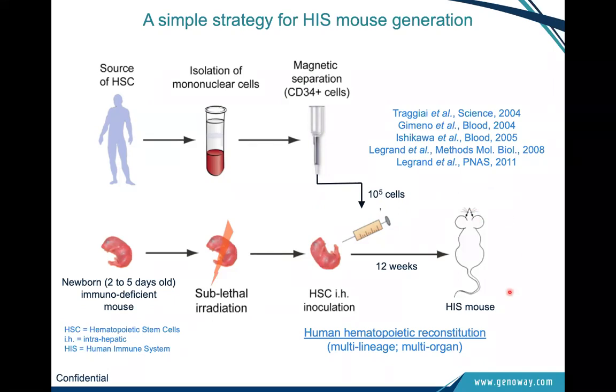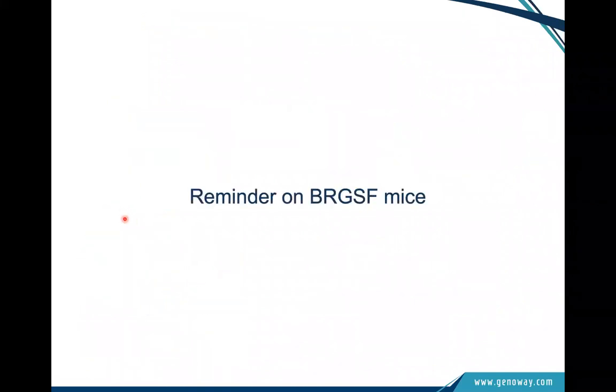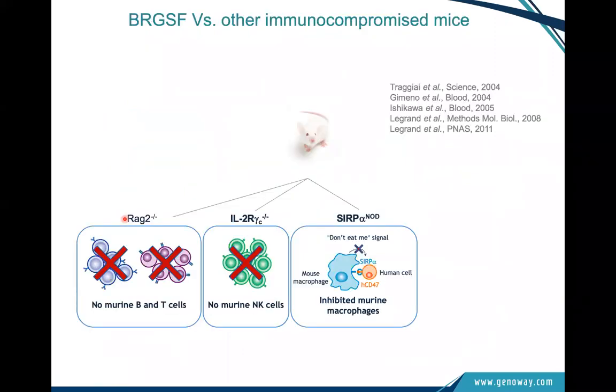This system has been reported now for almost 15 years, and you can use it with different models, ours, but also the one available from the competition. What really makes a difference here is the quality of the recipient mice that you're going to use for reconstitution. As explained previously, the model that we're using is severely immunocompromised and permissive to reconstitution with human cells, so it has a functional don't eat me signal.